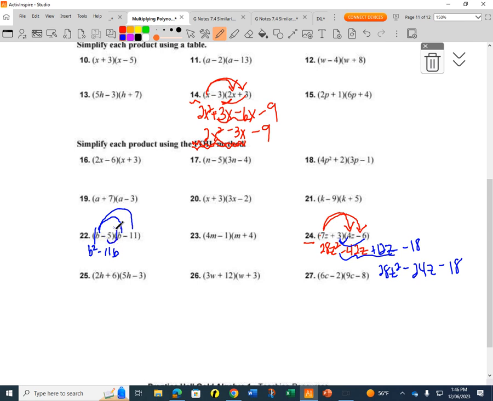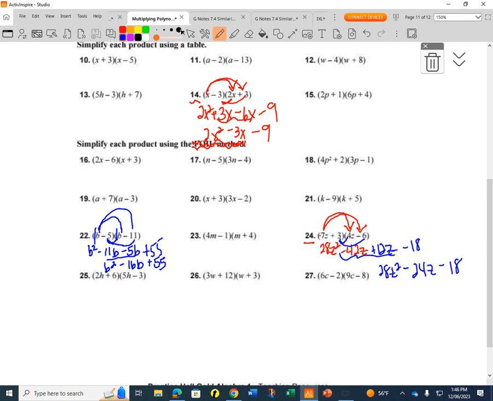Negative 5 times positive 1. Yes, very good. Negative 5b. Negative 5 times negative 11. Negative times a negative is a positive 55. Now we're going to combine our middle terms here. So it's b squared minus 16b plus 55.